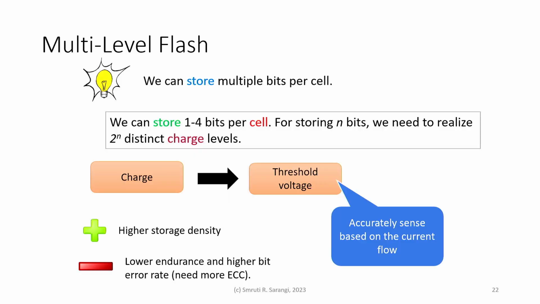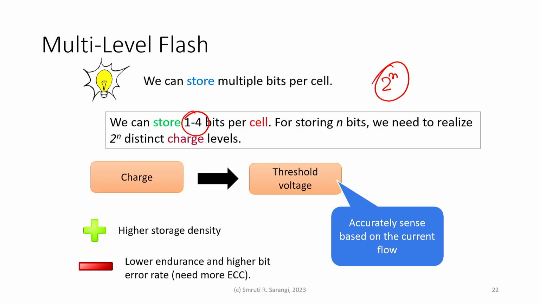If let's say we put the threshold voltage there and it's sort of in its linear zone, right? How much current is it conducting? So we'll have to look more at the physics of the cell. But the idea is that we can store multiple bits per cell, which would be 1 to 4 bits per cell. In general, if we want to store n bits, we will need 2 to the power n distinct charging levels. So most of the flash devices that you see these days are actually multi-level flash.